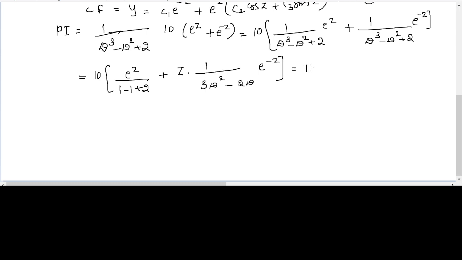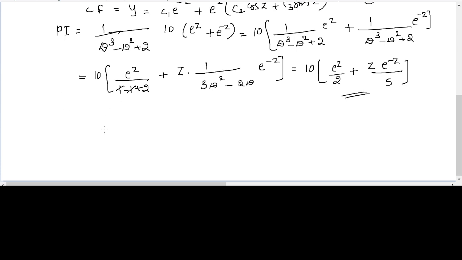So this is giving us 10 into e power z upon 2, plus z into e power minus z upon 3 into minus 1 whole square minus 2 into minus 1, that is 3 plus 2, 5. So this is the value of PI we get.